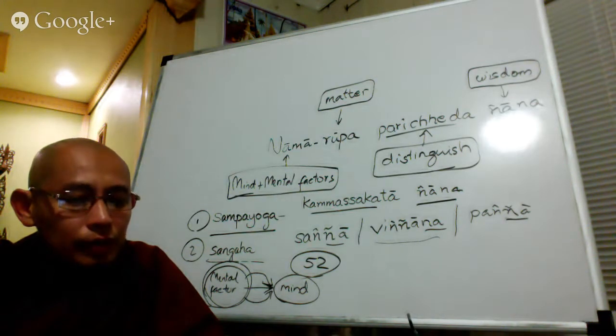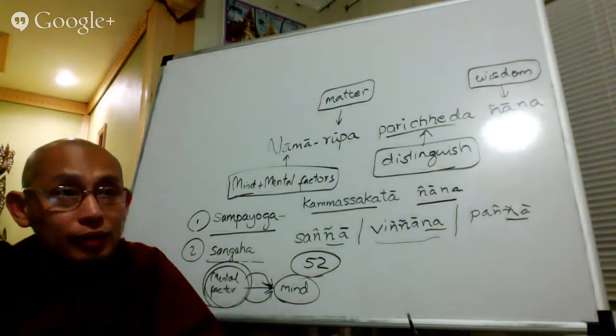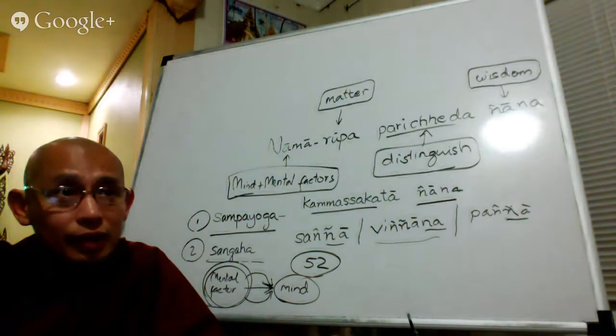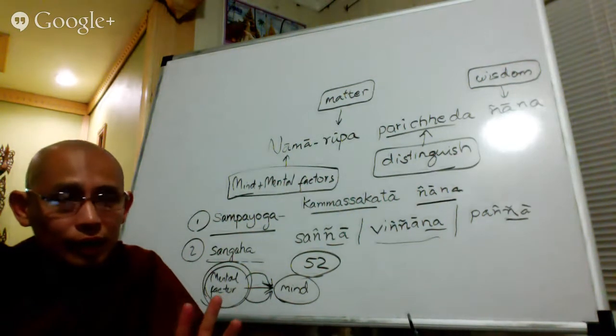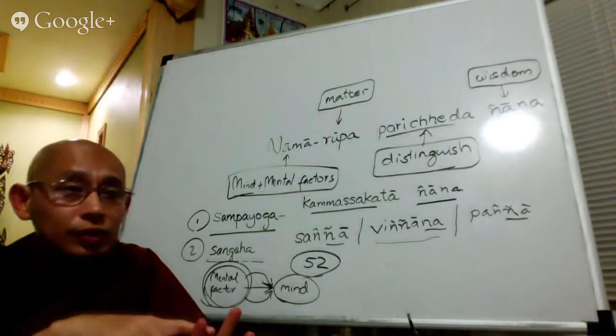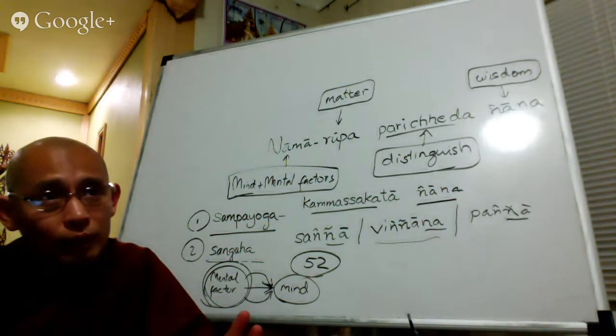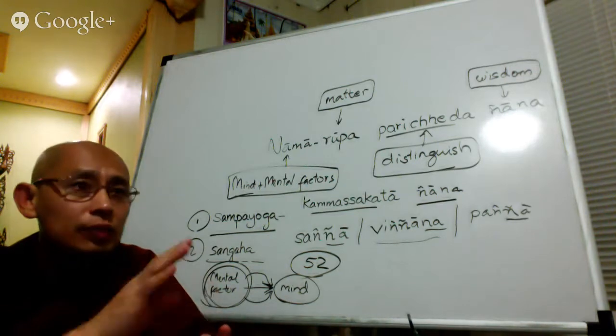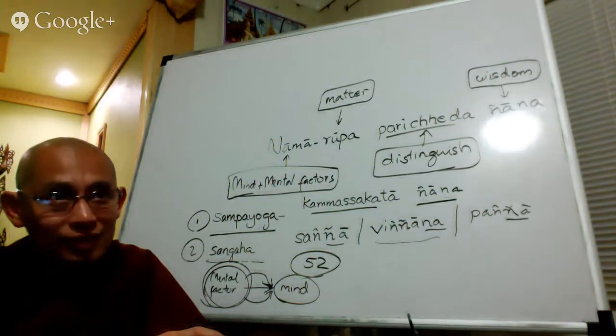and then five sense door advertng consciousness. Only one. We call in Pali Pancha Dvara Vajjana, an Ahetuka Kriya Chitta. In the Ahetuka Kriya Chitta there are only three: five door advertng consciousness, mind door advertng consciousness, and smile producing consciousness.